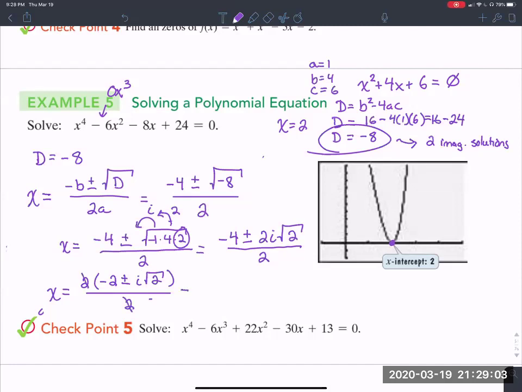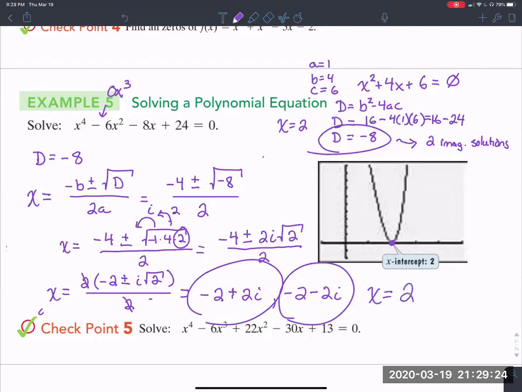The 2's cancel, and that gives me solutions of -2 plus 2i and -2 minus 2i. So my zeros are x equals -2 plus 2i, -2 minus 2i, and x equals 2 with a multiplicity of 2.